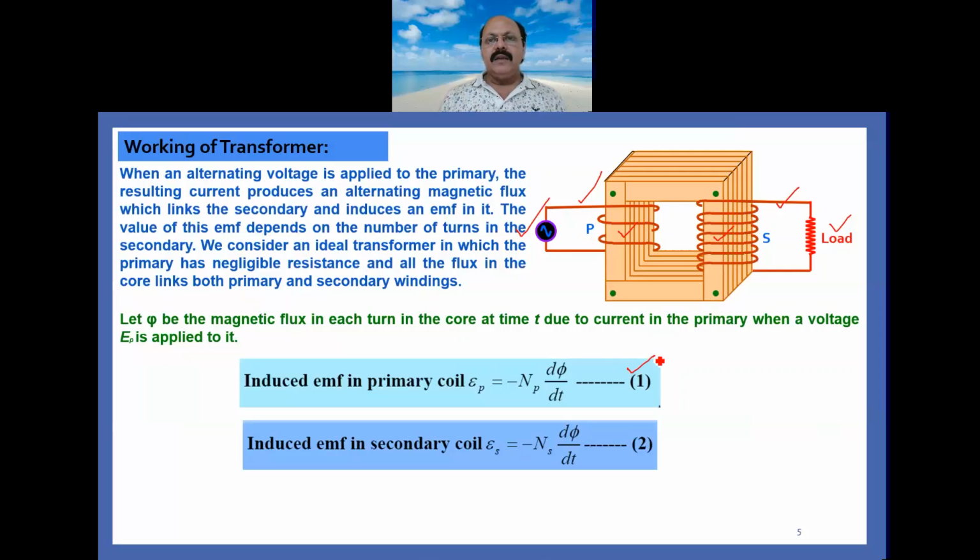Similarly, due to induction, an EMF is induced in the secondary coil, ES equal to minus NS d phi upon dt. Mark this equation number 2. Now divide equation 2 by equation 1. Then d phi upon dt gets cancelled, and you will get ES upon EP equal to NS upon NP. Mark this equation number 3.